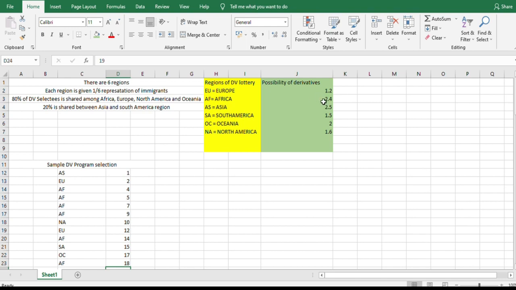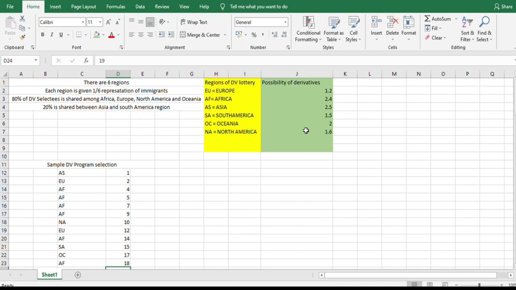The average ratio of an African selectee having a family is 2.4, and the average ratio of an Asian having a derivative is 2.5, and so on and so forth. So they will use this formula to add up on the remaining slots to fill up the holes.